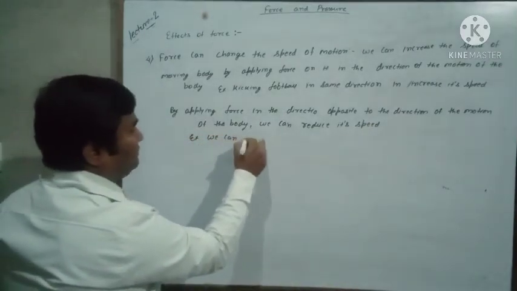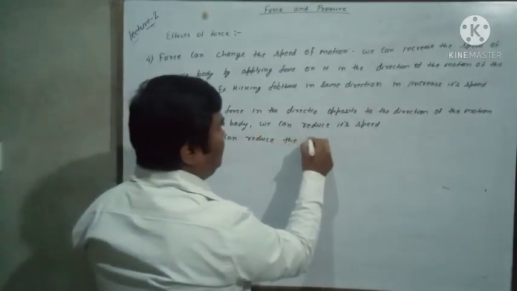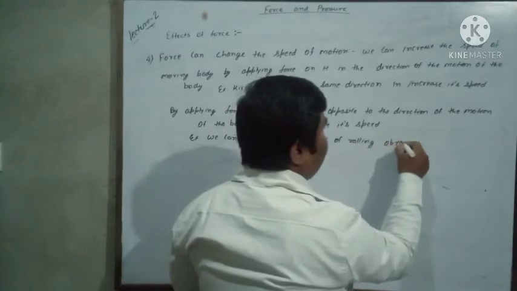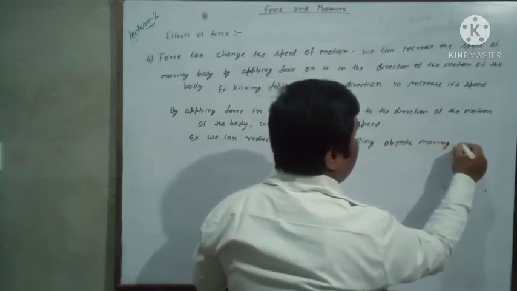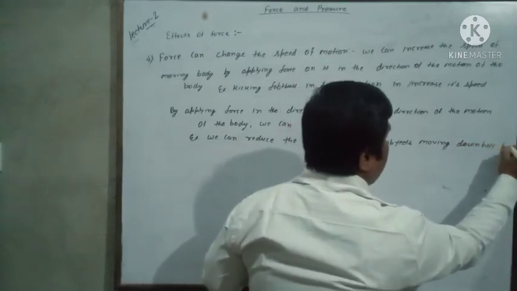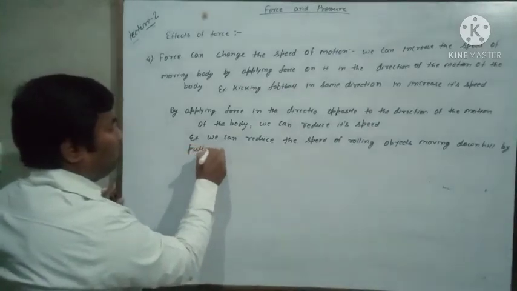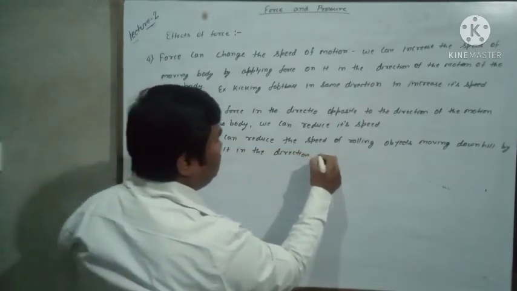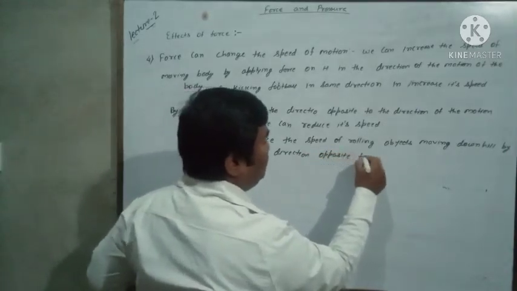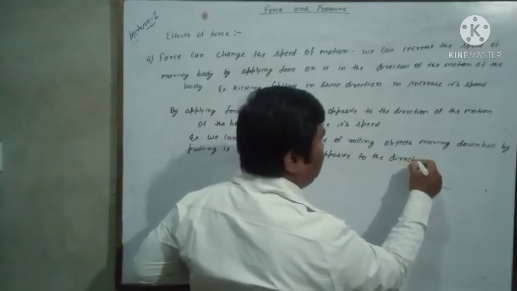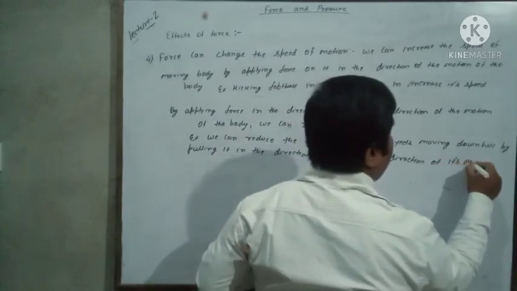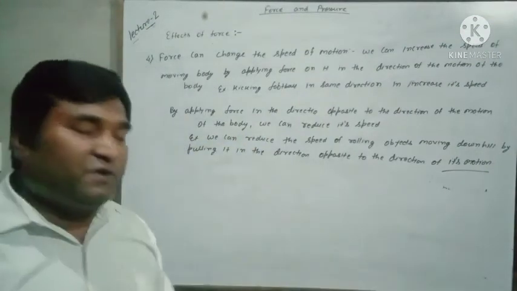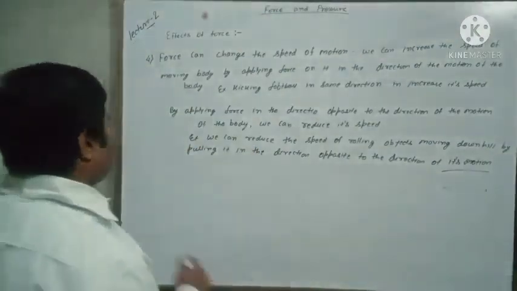Example, we can reduce the speed of rolling objects moving downhill by pulling them in the direction opposite to the direction of their motion. मीन्स जिस डायरेक्शन में ये मूव कर रहा है उसके अपोजिट डायरेक्शन में जब हम इसको खींच लेंगे तो ये क्या हो जाएगा, स्पीड इसका रिड्यूस हो जाएगा.